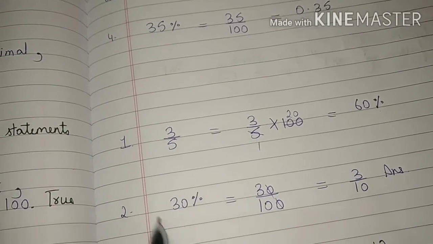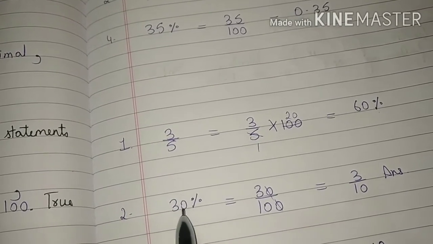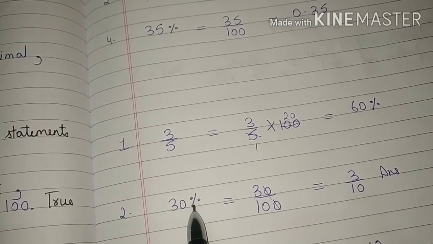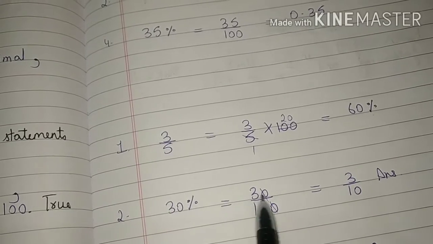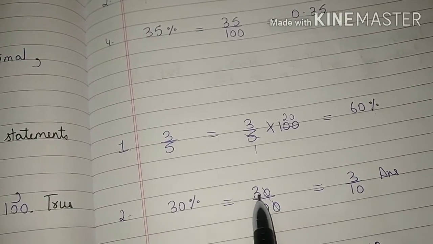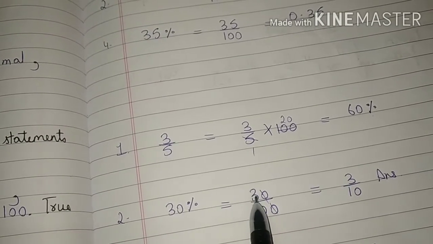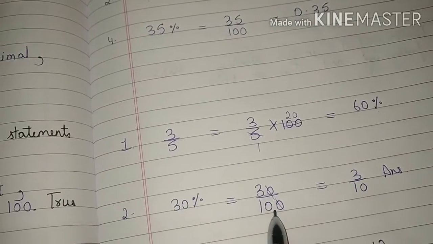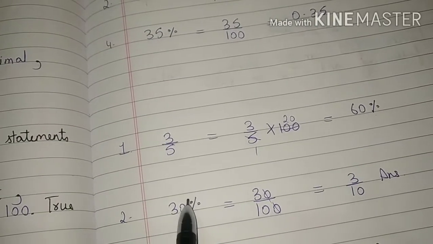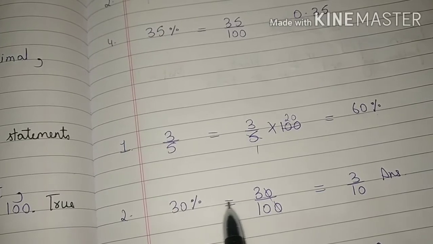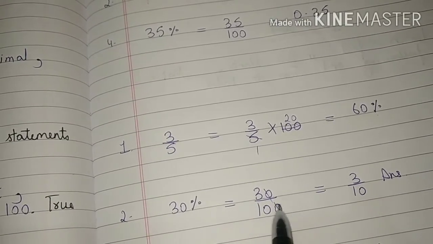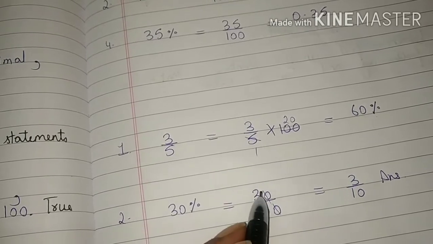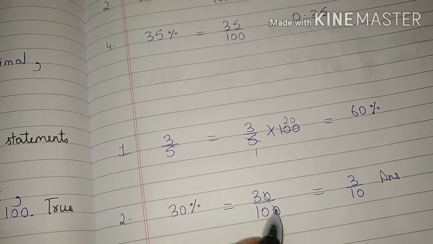Students, you can see here it is written 30% and we have to convert 30% into fraction. So for this we will write 30 as it is and then we will divide 30 by 100 and remove the sign of percentage. Now students, 30 divided by 100, this we have written in a fraction form. The zeros cancel.